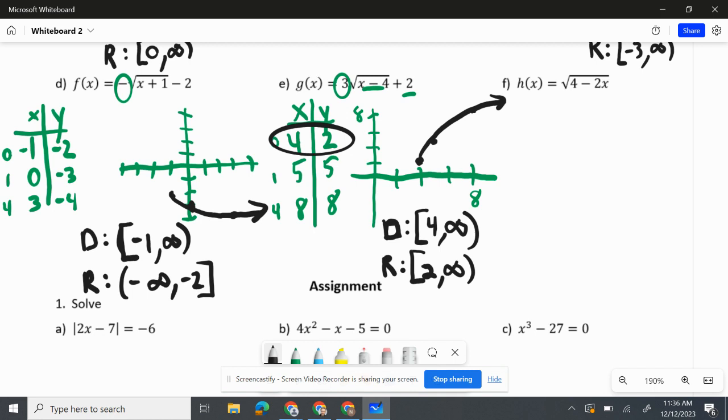And then for letter F, this one is a little bit more difficult because we've got a B value right here. So I'm going to do my HK value, and my H value is 2. And then it's going up by 1.